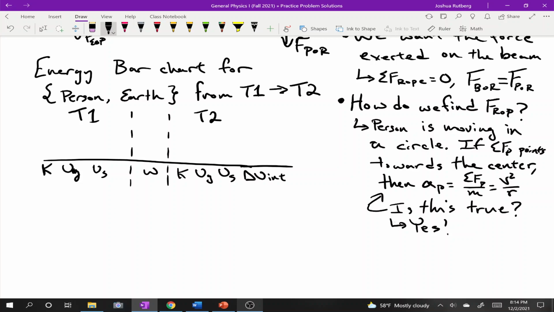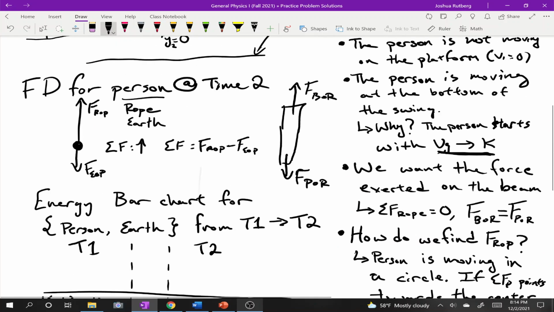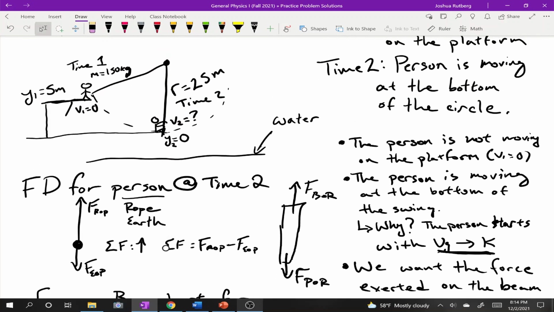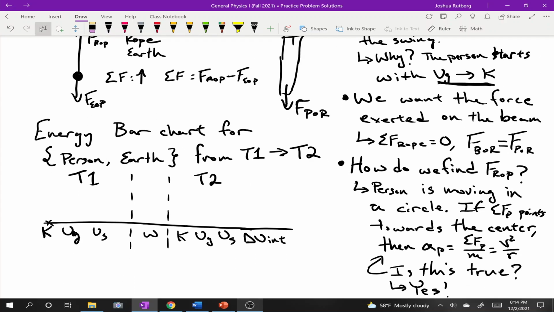So, is there kinetic energy in time 1? Well, I said the person was not moving, so no. So there is no kinetic energy. Is there gravitational energy? Yes. Their height, their y is above 0, therefore there's gravitational energy. Let me give them 2 boxes. Is there elastic energy? We are assuming the rope does not stretch at all, so there will never be elastic energy.